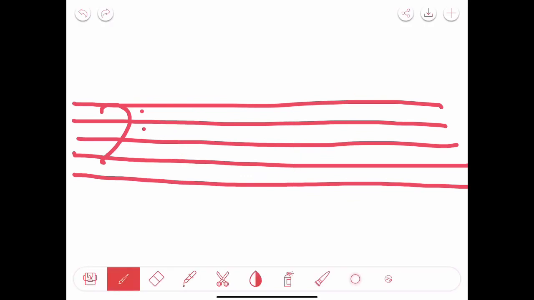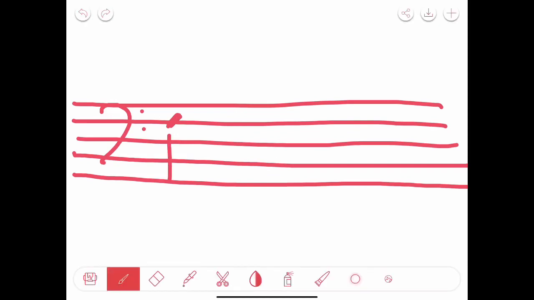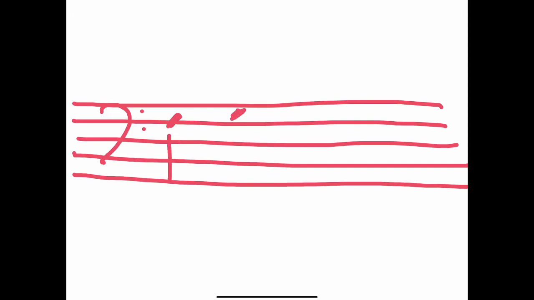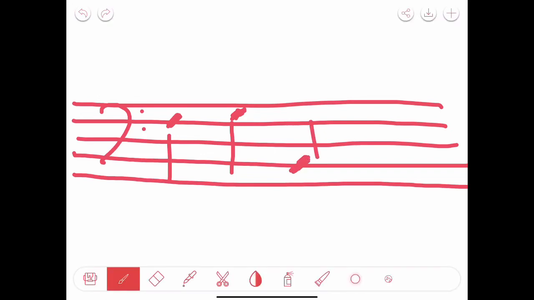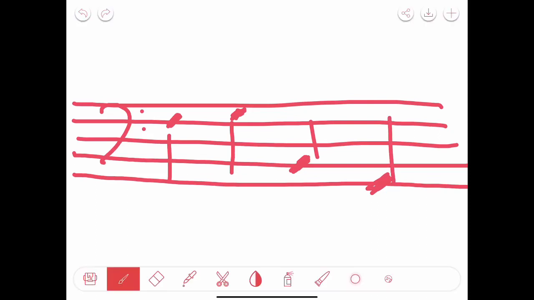Because of my music training, I had to copy notes very quickly. So I learned that if I just draw a little bit of a diagonal line, like a thick diagonal line, like this, that is a perfectly acceptable note script.